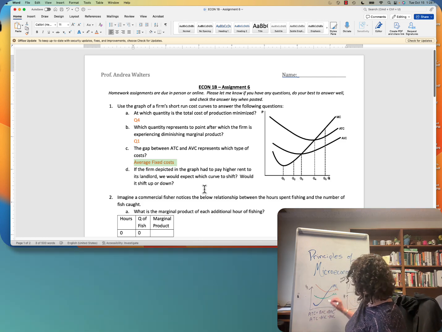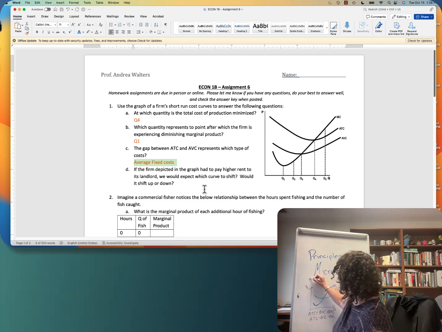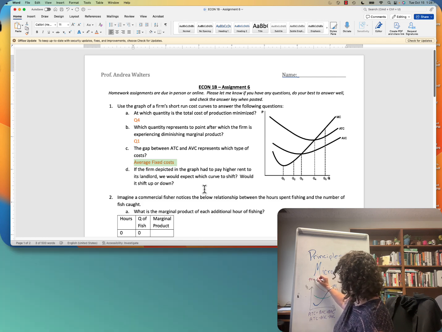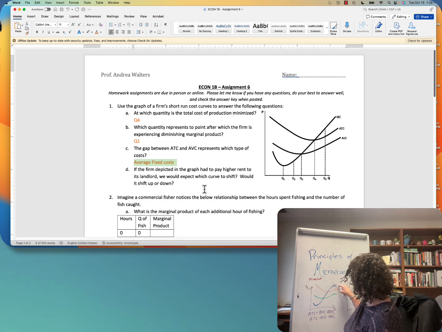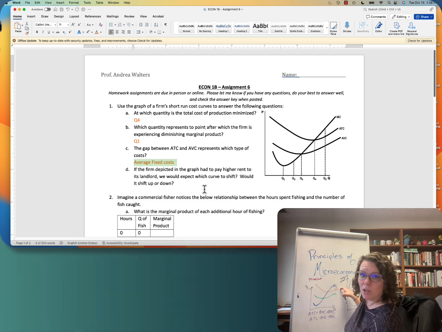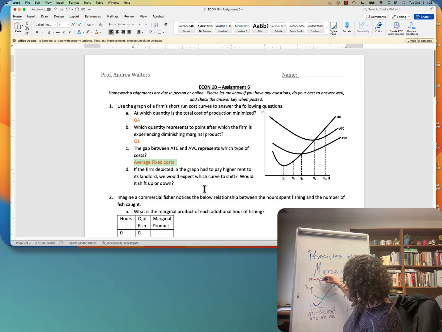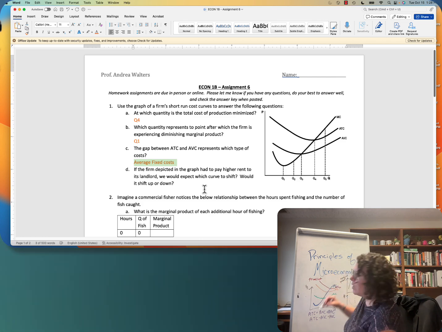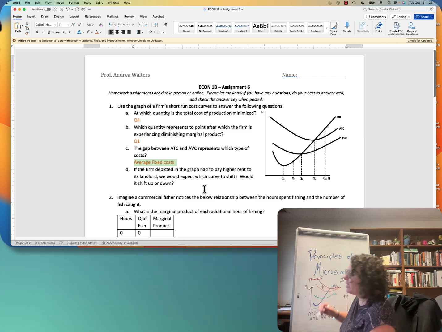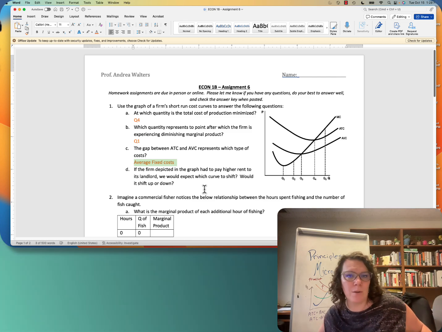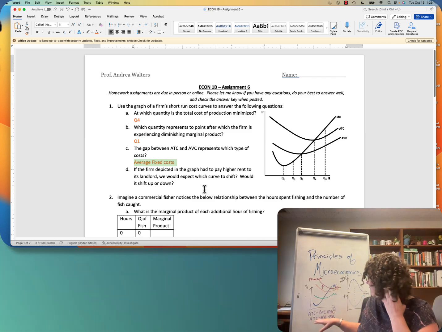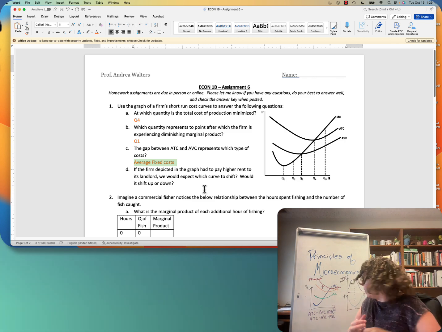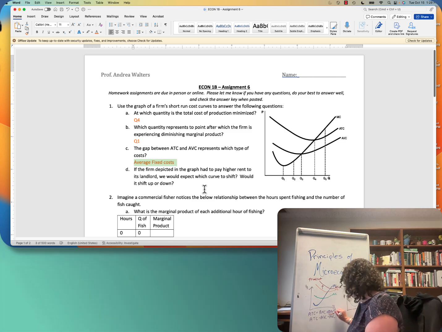It would take time. So it's going to be our fixed costs. And if our fixed costs increase, an increase in fixed cost is not going to show up here or here. It's going to show up in average total costs, and it's going to be a shift up. So however much rent goes up, that's going to shift that average total cost curve up. Because average total cost, again, contains the fixed costs right here. And so if this goes up, then this will go up.